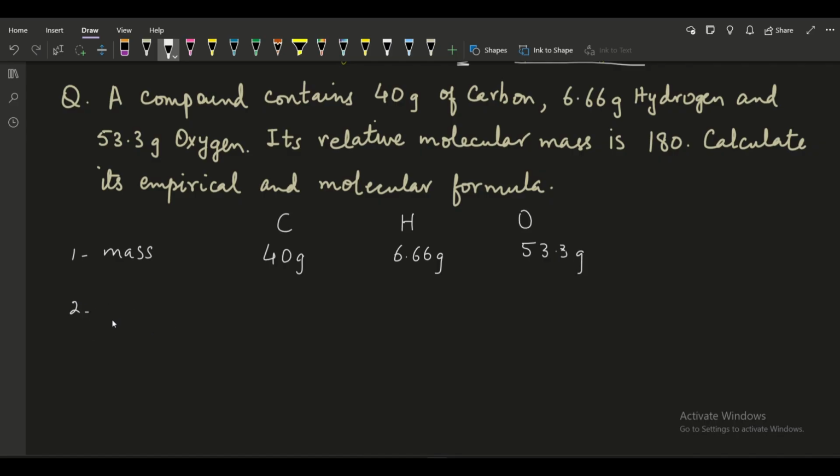Now let's move on to the next step, which was that you have to find moles. And how do you find moles? You will divide mass by Ar. Ar, the atomic mass of carbon, is 12. You can get it from the periodic table. For hydrogen, it is 6.66 divided by 1. For oxygen, it is 53.3 divided by 16.